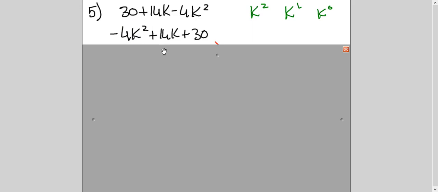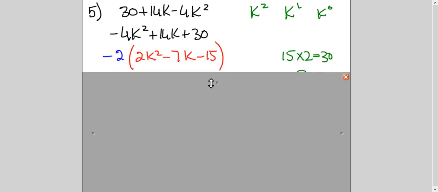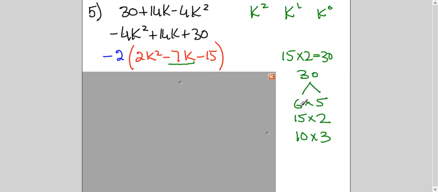So I will take the minus sign common out. Okay, minus common out, and otherwise throughout the common is 2 because this is a multiple of 2, 14 is a multiple of 2, 30 is a multiple of 2. So now we will do the breakup of this middle term exactly the way we have done in the previous example. 15 into 30, I can show you very quickly here. So these are the pairs of numbers which can give me 7.